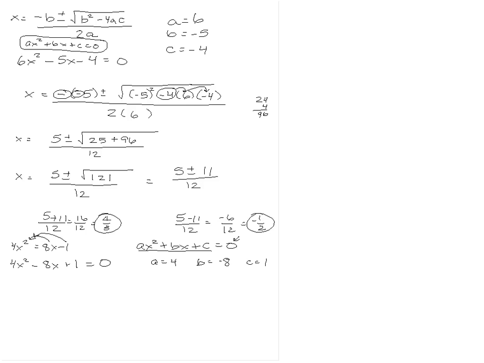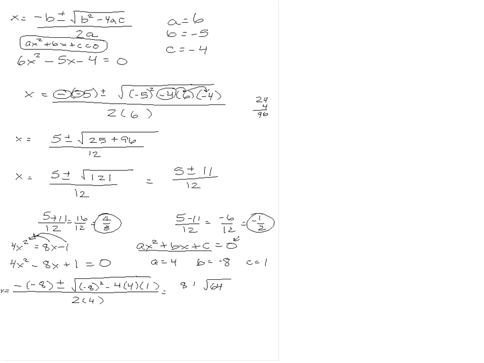So the opposite of B, plus or minus the square root of B squared minus 4 times A times C, all over 2 times A. That's what x equals. So the opposite of -8 is 8, plus or minus the square root of 64.